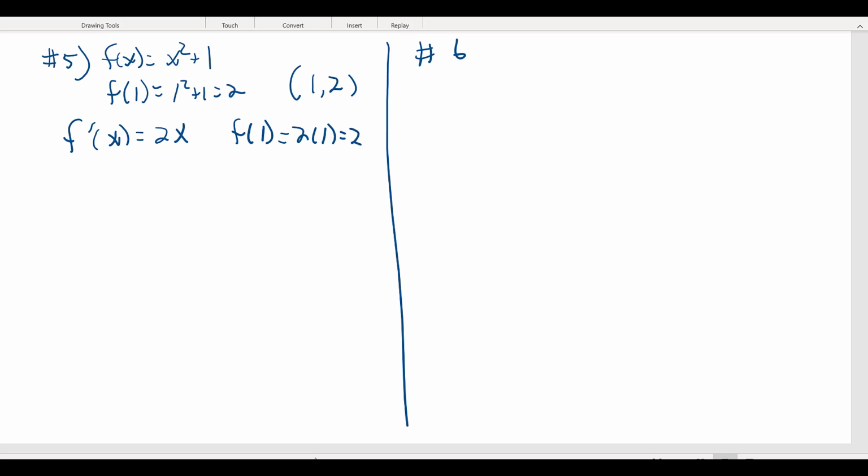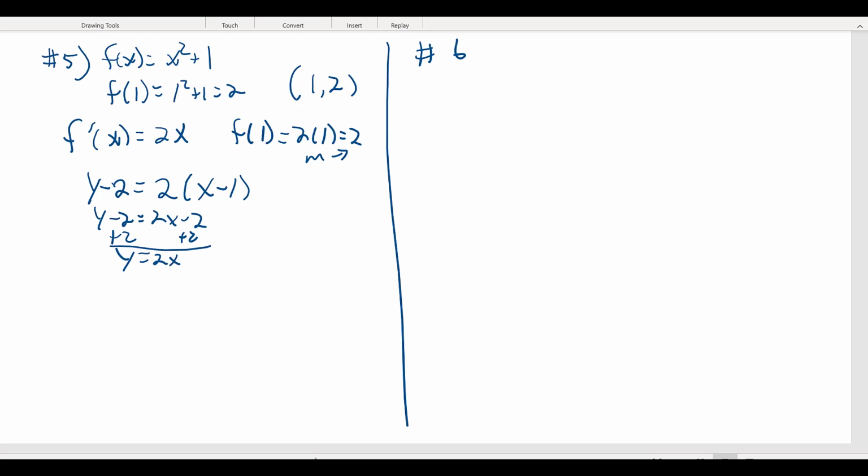So with this point and slope, y minus 2 equals 2 times x minus 1. y minus 2 equals 2x minus 2, so plus 2 on both sides, y equals 2x.